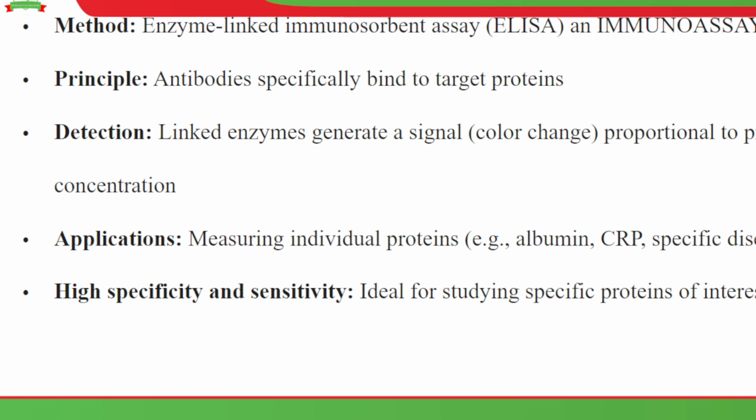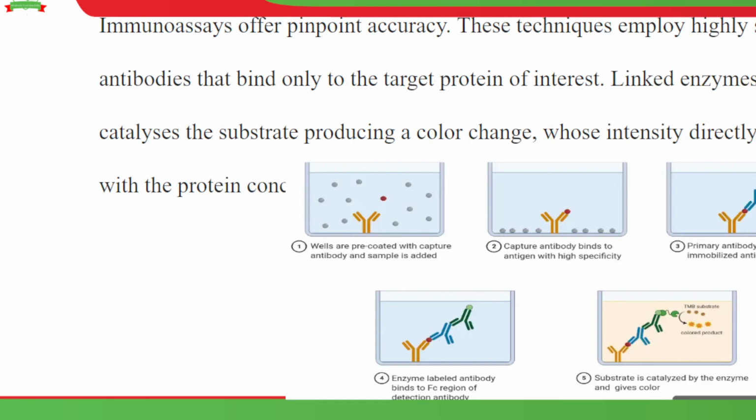So it has high specificity and sensitivity, and it is ideal for studying specific proteins of interest. Meaning it is highly sensitive and specific. It specifies the protein, and being sensitive, even a minute level of a certain protein in the sample can be detected, whether 0.000 something, it will still detect it. So that's basically what the enzymatic reaction is.